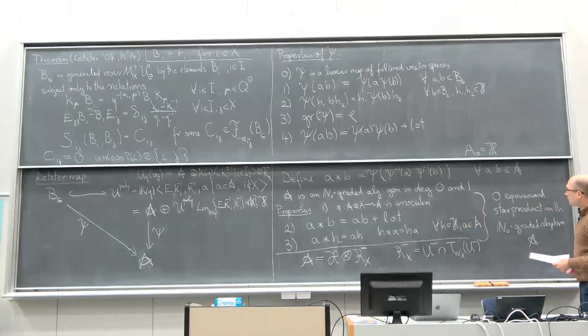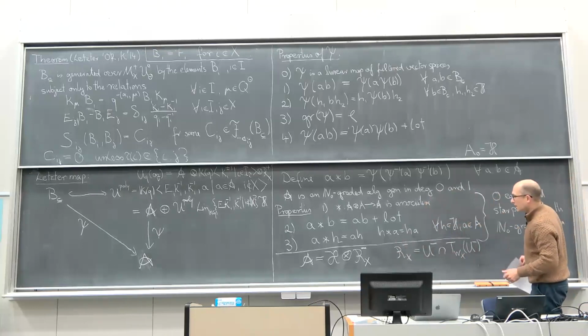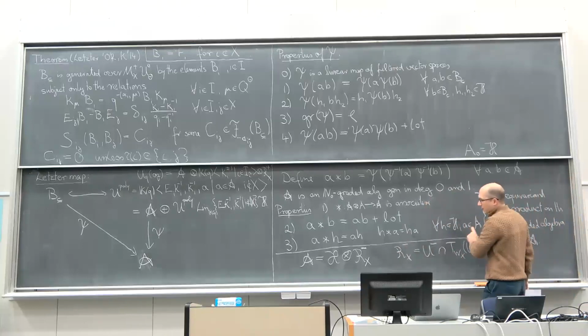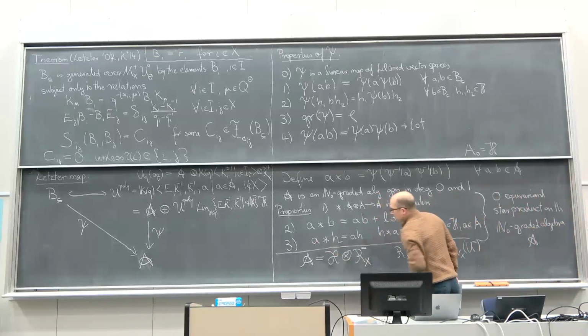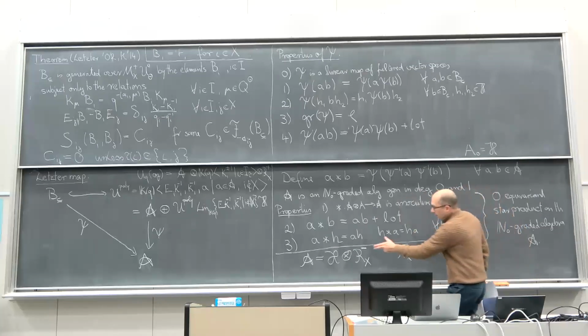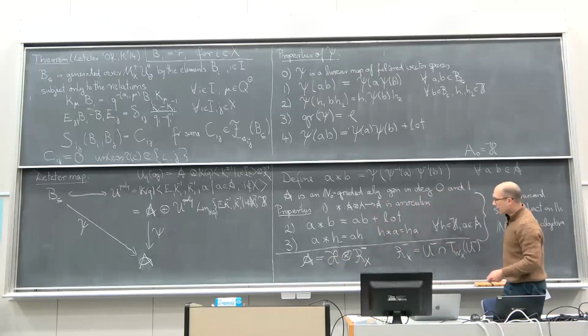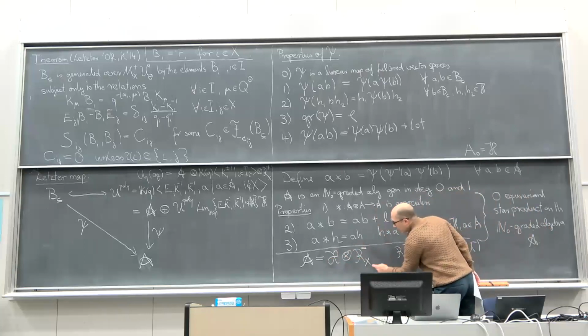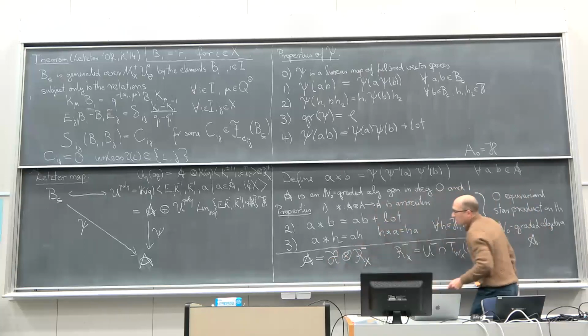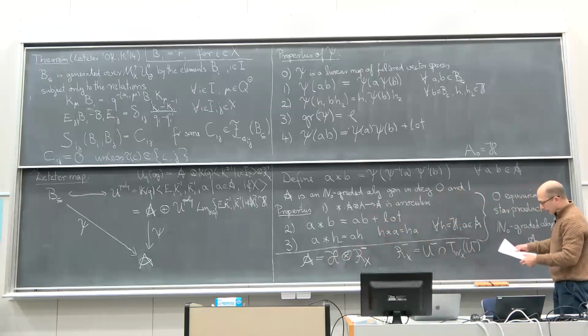Okay, so if we want to describe our star product, then all we need to know is how do we multiply by degree 1 elements from the left. We know how to multiply by H because that's just the normal multiplication. So we need to know how to multiply something in R_x minus by an arbitrary degree 1 element.